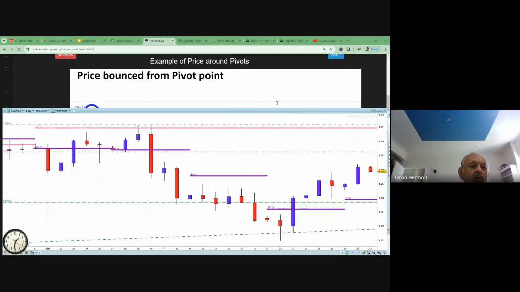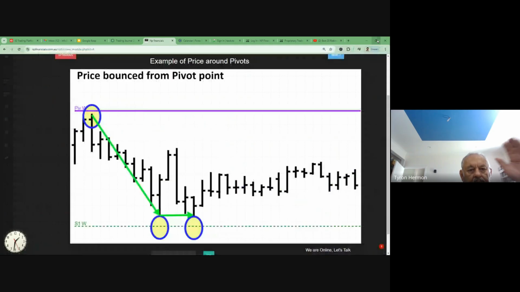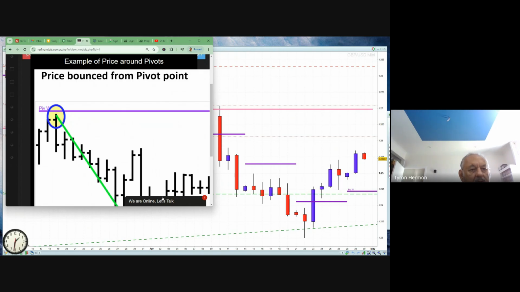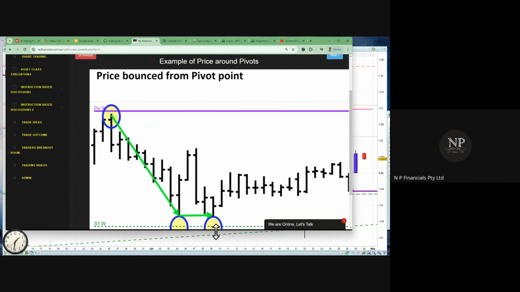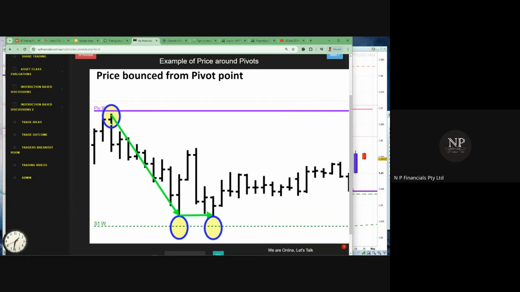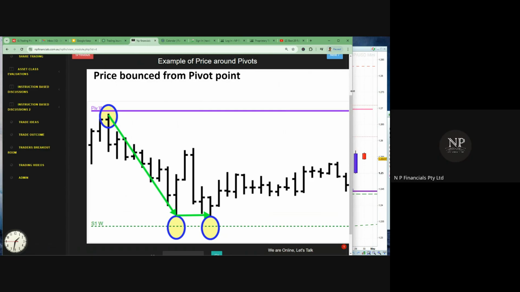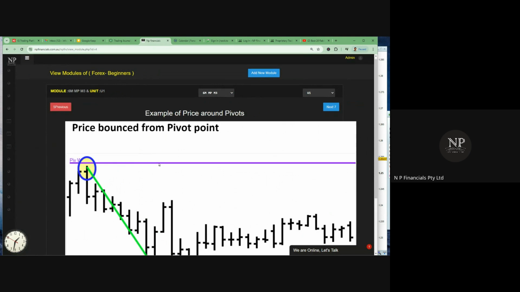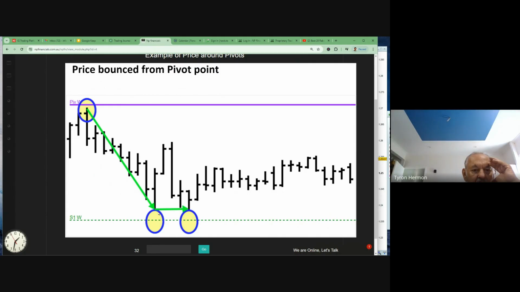So in this instance, on the left hand side, price has gone up and bounced there on the yellow circle and started coming down. So here pivot worked as a resistance. And then once the pivot has worked as resistance, price came down and bounced on support S1.